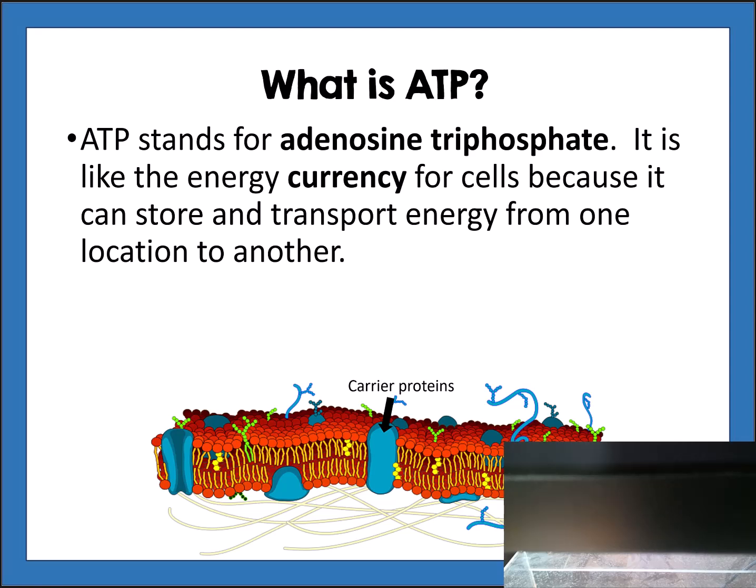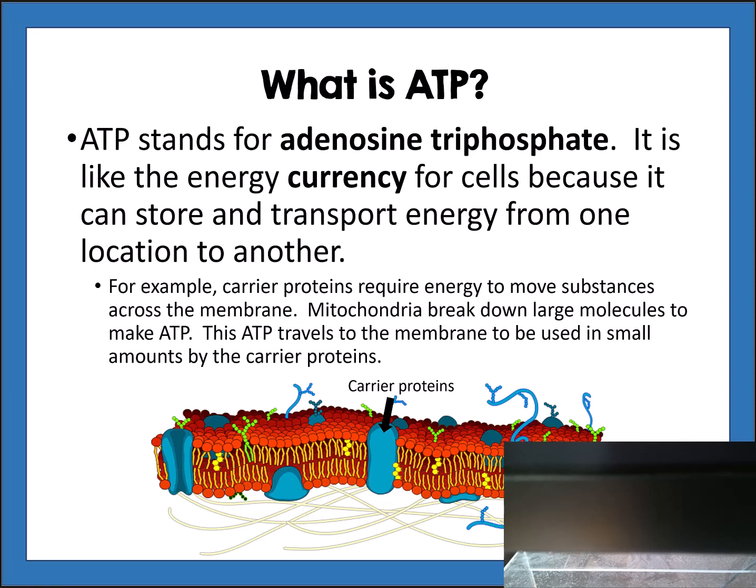So energy can be stored in all kinds of different compounds in an organism, but ATP is the molecule that your body and organisms specifically use and create in order to transport energy around the cell. And so it is like the energy currency.